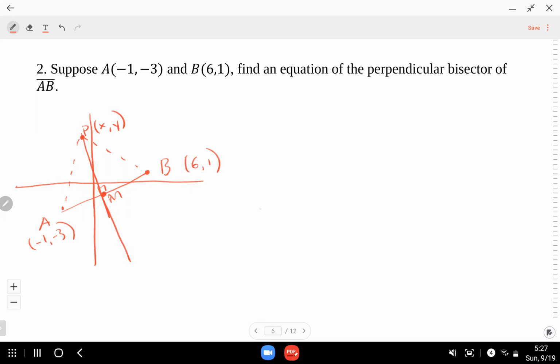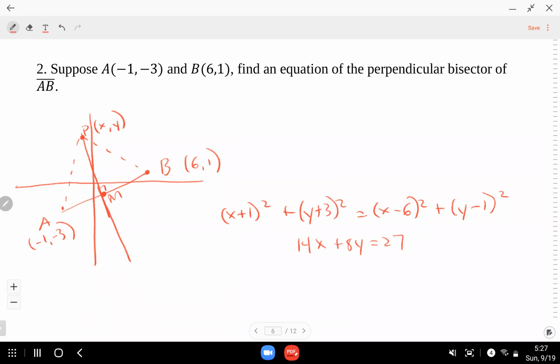So we're going to get (x + 1)² + (y + 3)² = (x - 6)² + (y - 1)². We're going to expand. I'm going to save you the trouble up here. After expanding and combining like terms, it's going to be 14x + 8y = 27. All right, so this would be the equation of the perpendicular bisector.